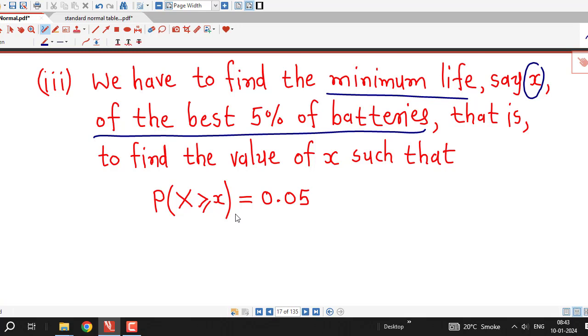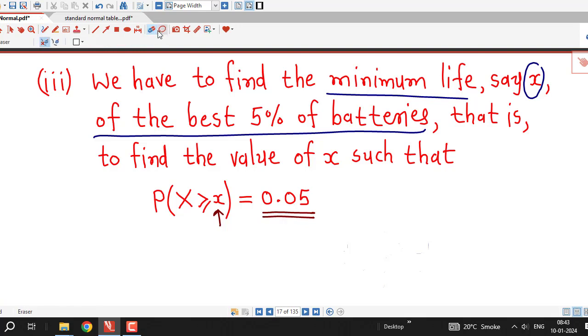If x is the minimum life of the best 5% of the batteries, that means the value of small x is always less than or equal to the lifetime of batteries. So we are given that the probability that capital X is greater than or equal to small x is 5%, that is 0.05. So we have to now determine the value of small x. In earlier cases we were given the value of x and determining the probabilities.